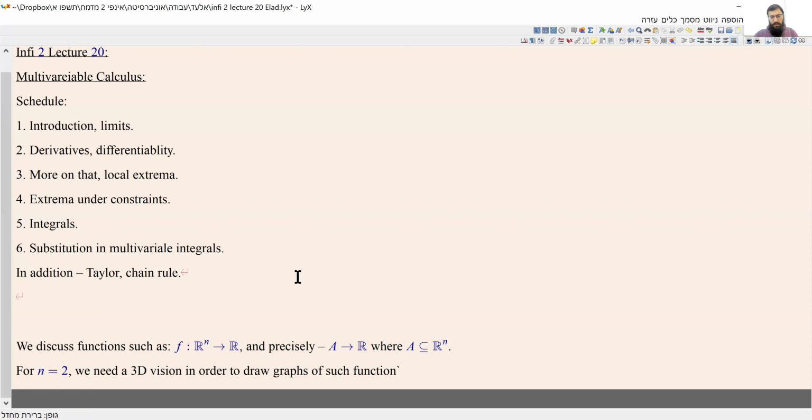We are not expected to do it by ourselves, but in order to explain something, we can use a 3D graph creator or something like that.